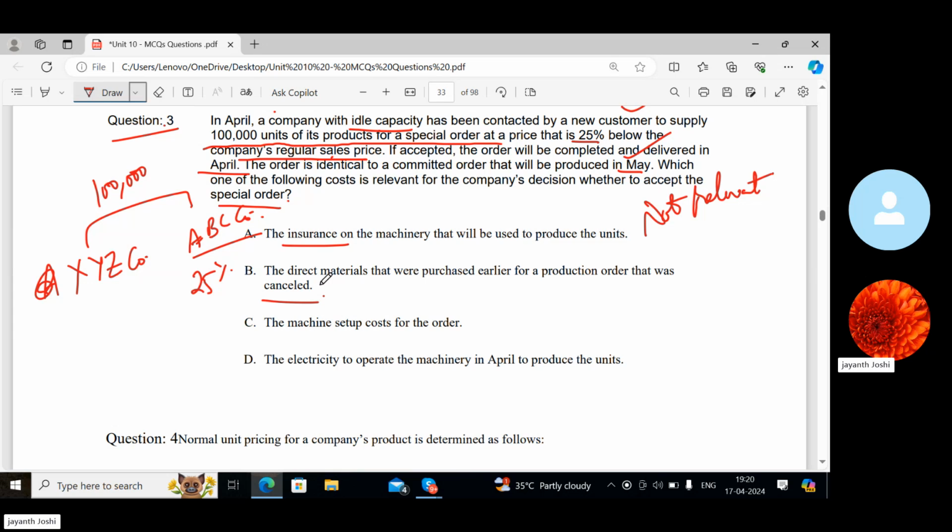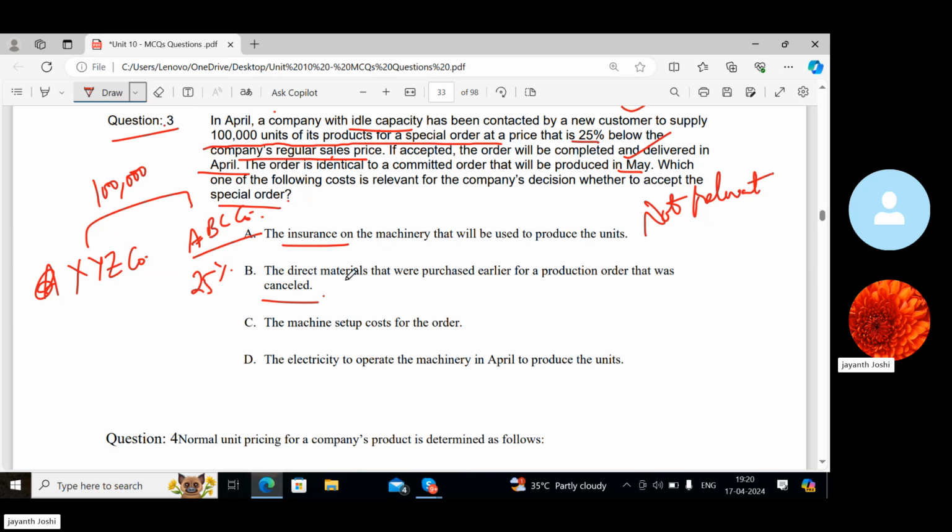See, we are looking for incremental cost. I understand direct material is a variable thing, but are you using this for the special order? Have you purchased this specially for the special order? You have already purchased, right?